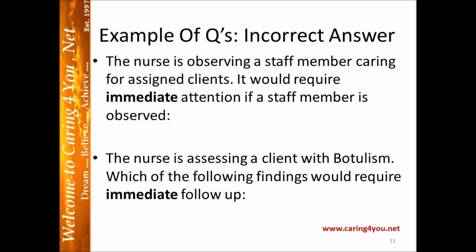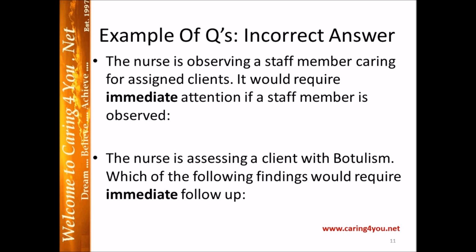So we have to immediately intervene before this staff member makes a mistake. So the incorrect action by the staff member would be the answer for the NCLEX. We're looking for something incorrect because of the word immediate.